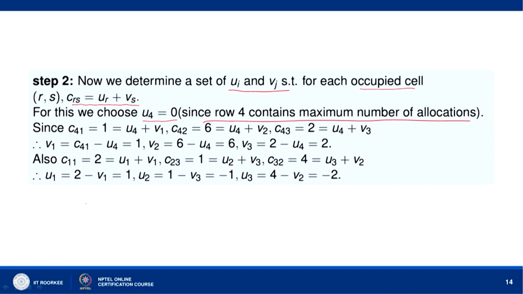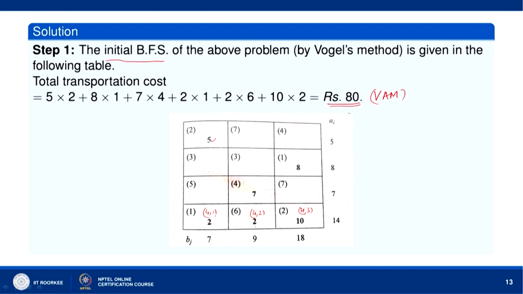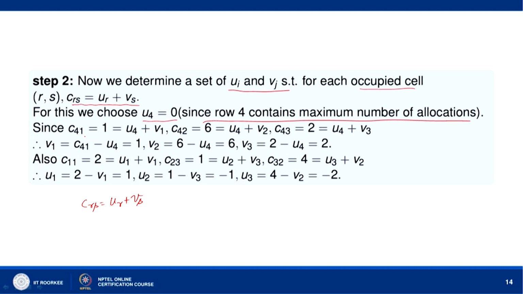Now, making use of C r s equal to u r plus b s. This cell has got 2 units, so this is an occupied cell. For each occupied cell, C r s should equal u r plus b s. So, C 4 1 equals u 4 plus b 1, C 4 2 equals u 4 plus b 2, C 4 3 equals u 4 plus b 3.